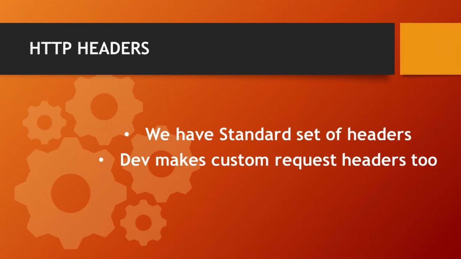So friends, these are some of the standard set of supported request header types. Some developers may also implement custom request headers with custom names. Such headers information can often be seen in the API documentation.